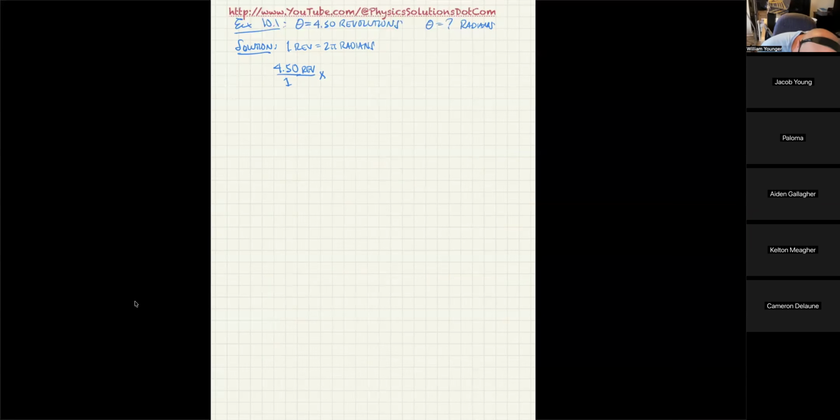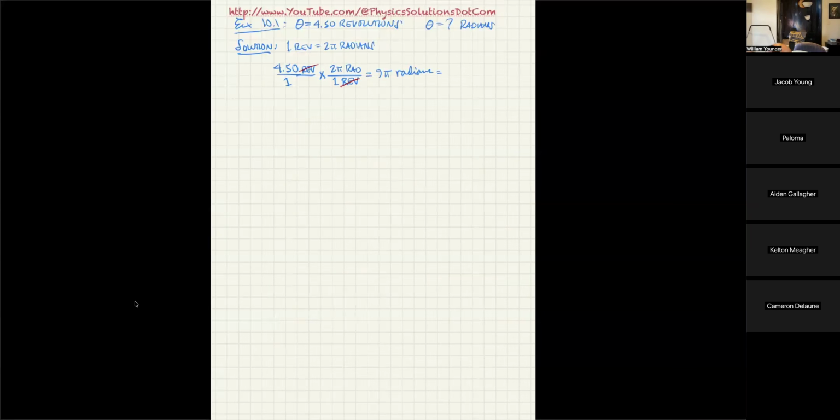So that tells me I'm going to put the 1 revolution in the bottom so that it can cancel out with the revolution in the top. And that means I'm going to put the 2 pi radians on the top, and you can see that the revolution cancels out with the revolution, and you're going to get, in fact, 9 pi. Oops. 4.5 times 2 is 9, so this is going to be 9 pi radians.